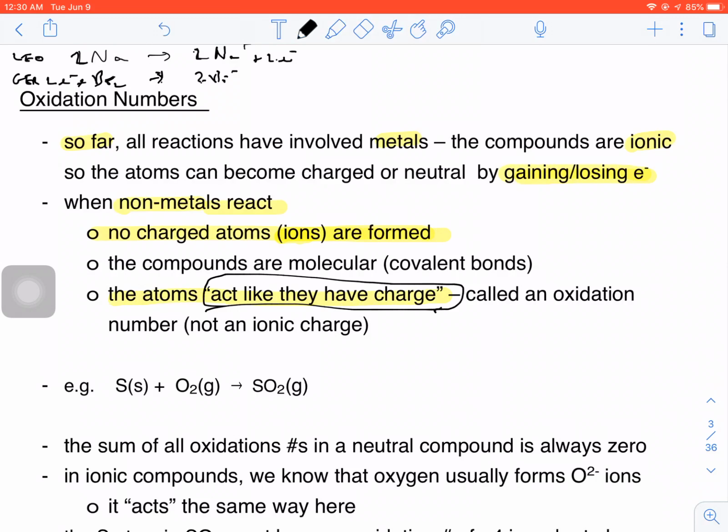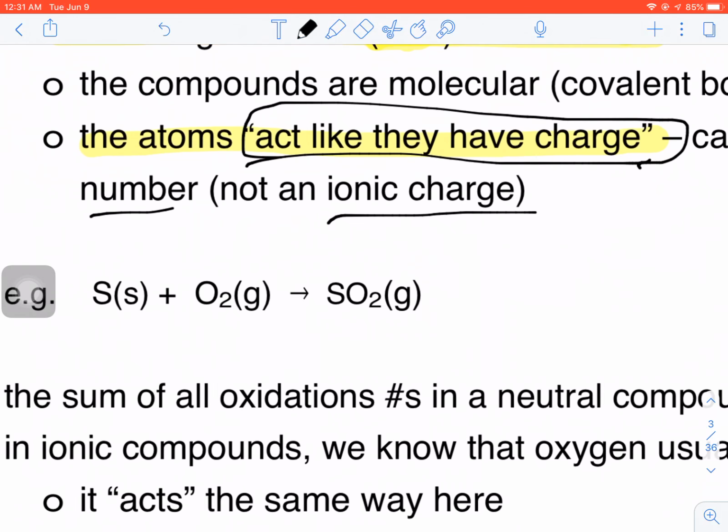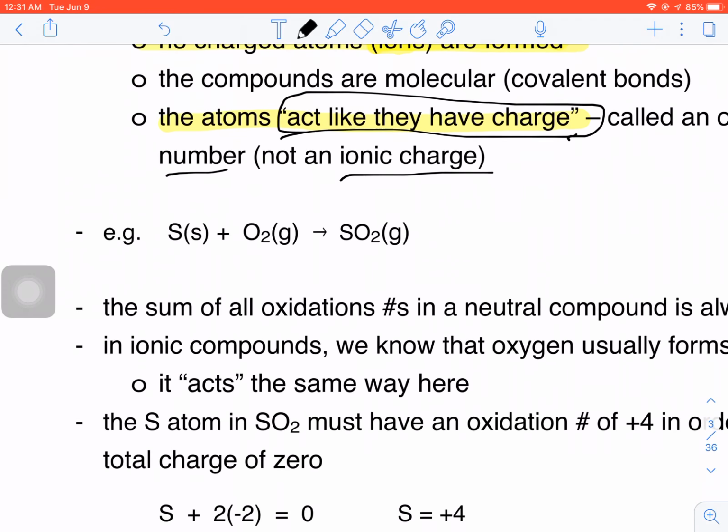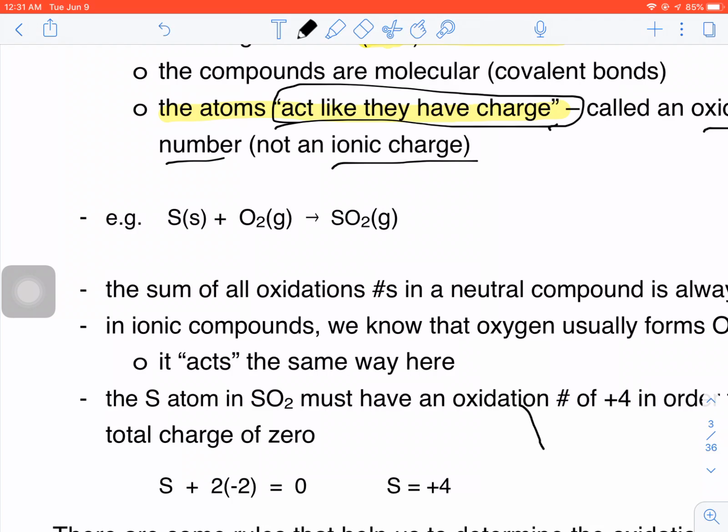So instead of calling it an ionic charge, because it's not an ion, we're going to call it an oxidation number. That represents the quantity of electrons that it is pulling towards itself or losing from itself. So when I look at SO2 here, this reaction between sulfur reacting with oxygen to make sulfur dioxide gas, I think, okay, what's being LEO and what's being GR? Well, we're going to start assigning what we're going to call oxidation numbers.